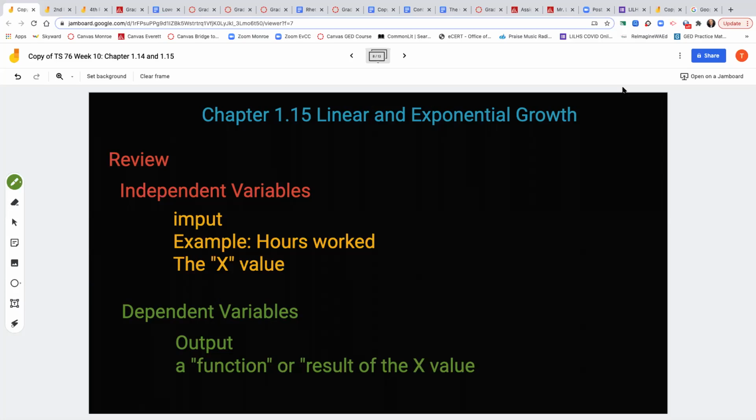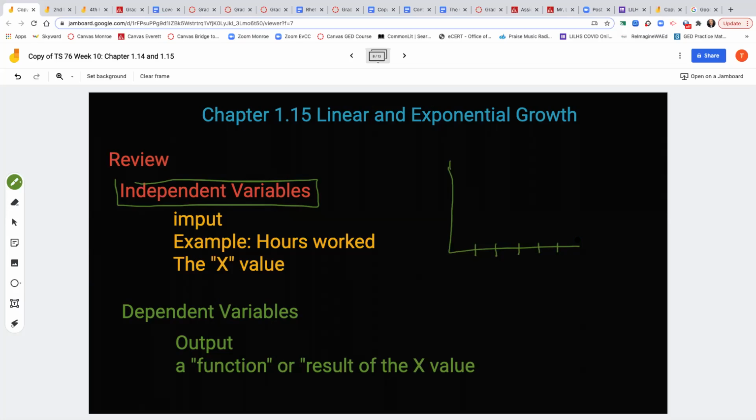So this slide is a little bit of a review of some things we have talked about so far in this class. You've got independent variables, something you'll hear in a science class. It's the input, typically on a chart. An example could be hours worked, and it's also considered the X. If I'm charting grades, these are my X values down here.